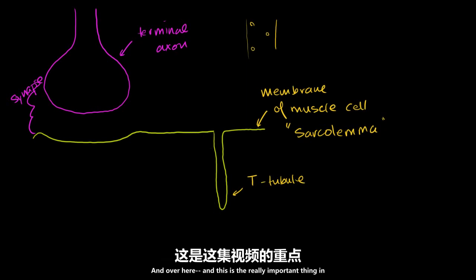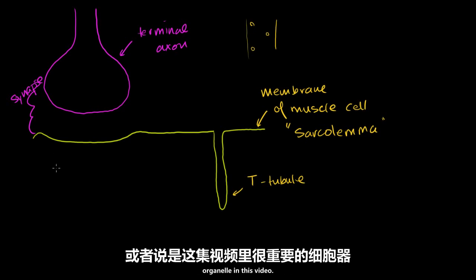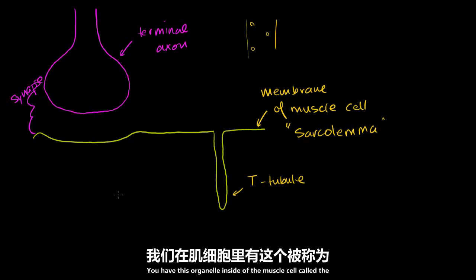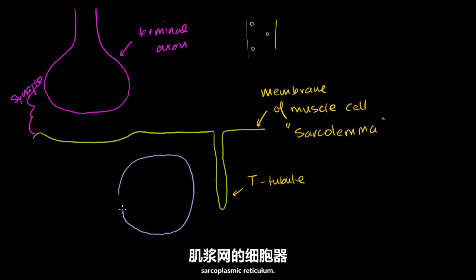And over here, and this is the really important thing in this video, or the really important organelle in this video, you have this organelle inside of the muscle cell called the sarcoplasmic reticulum.